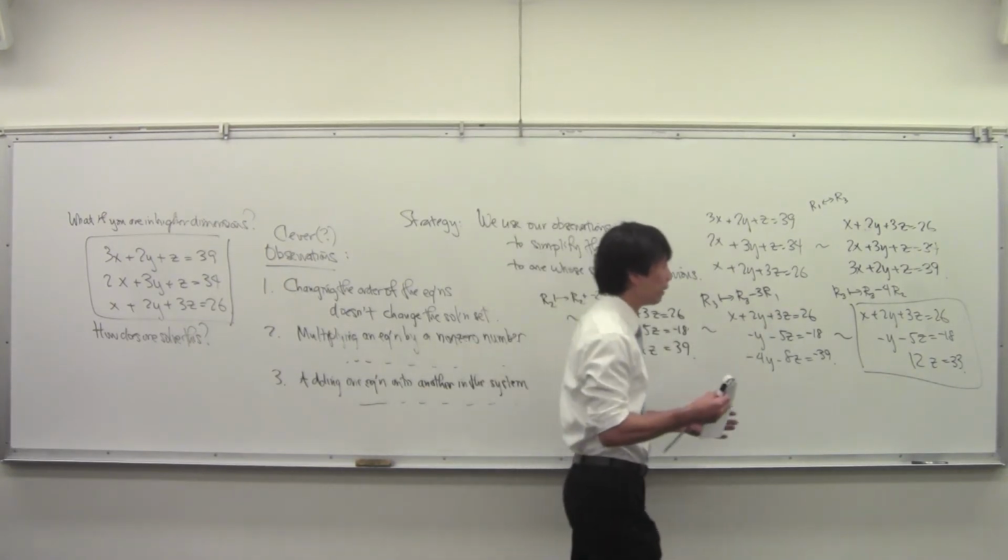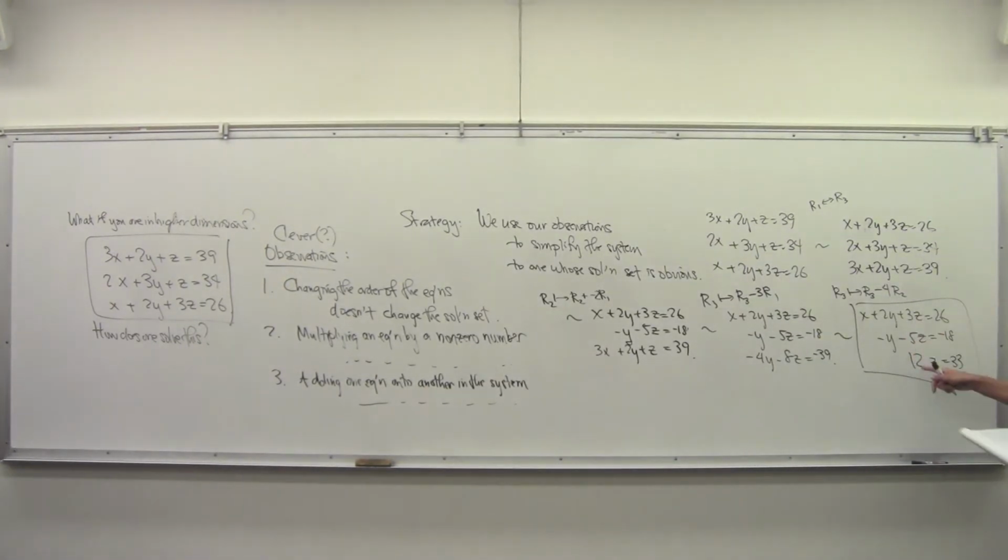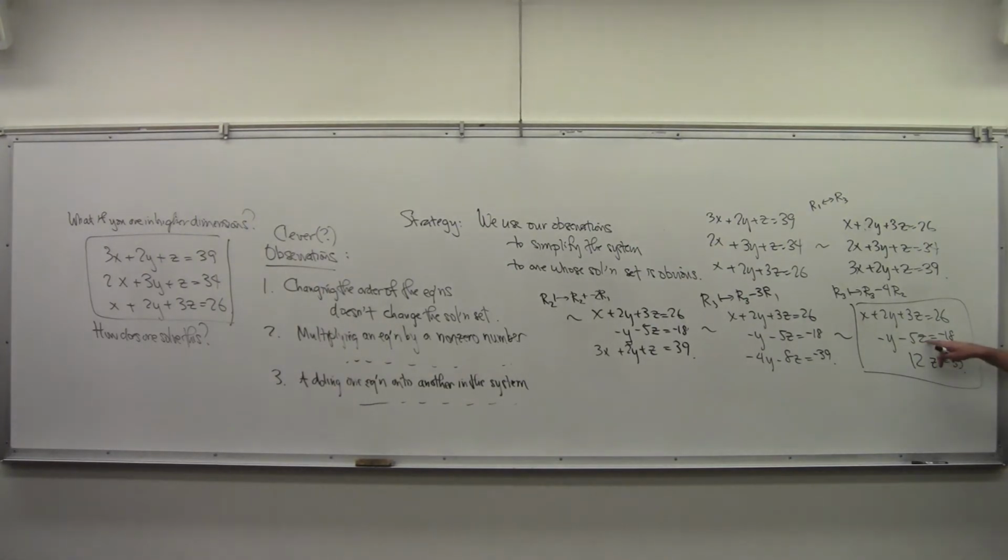For this one, it's easy to figure out the solution set. You know what z is: z is 33 over 12. You plug that back into this one, you can figure out what y is, and then you can figure out what x is using the first one.